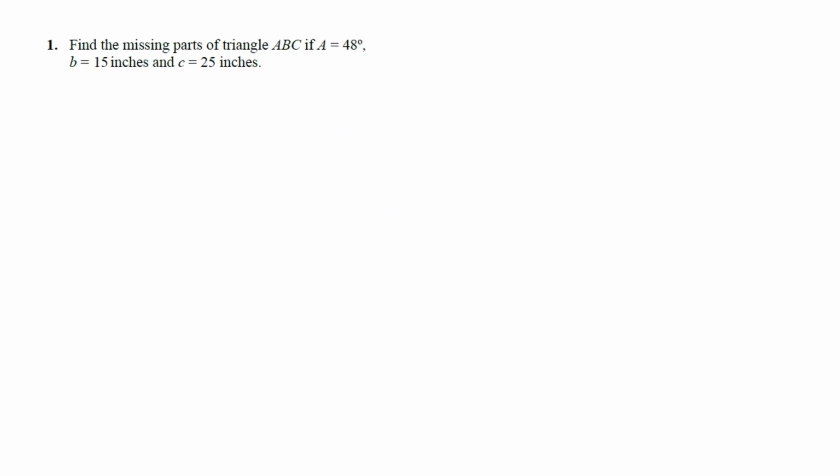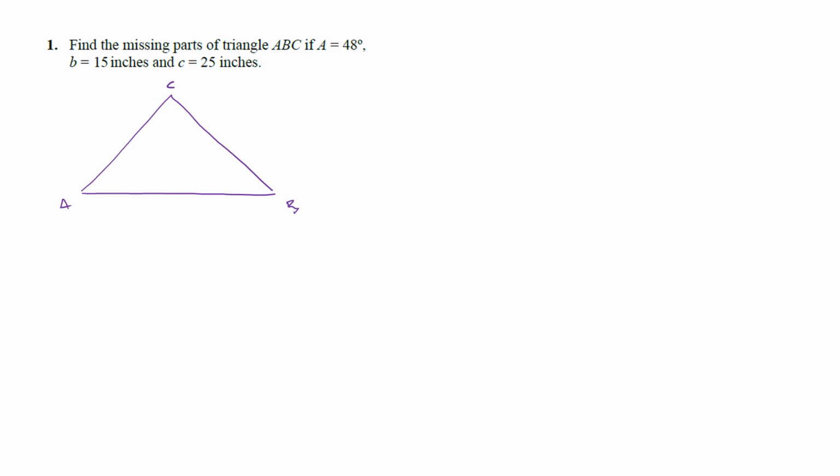In this example, we're asked to find the missing parts of triangle ABC if A is 48 degrees, so that's angle A, side B is 15 inches, and side C is 25 inches. So let's draw a triangle to help us. I'm going to label this A, B, C. Those are my angles.